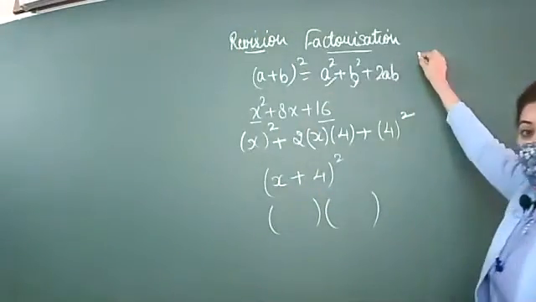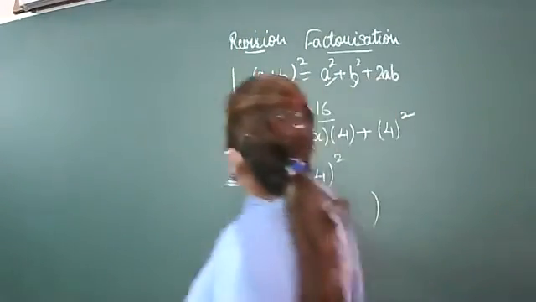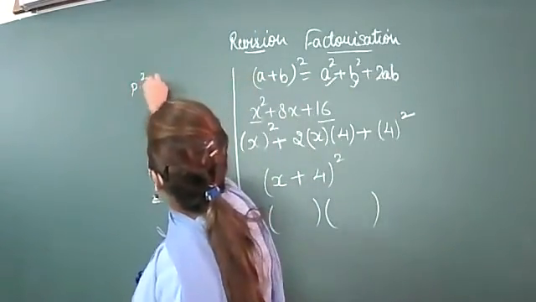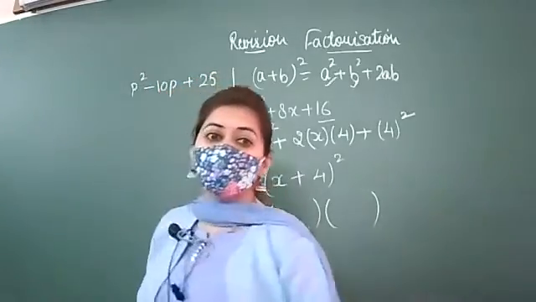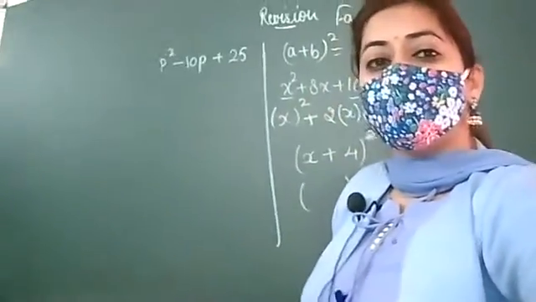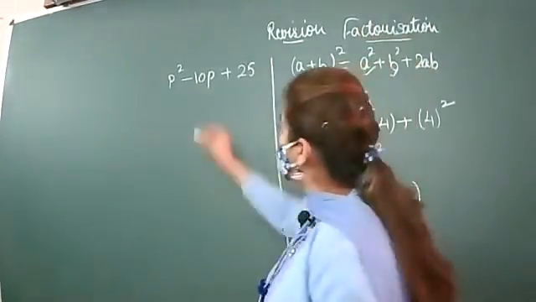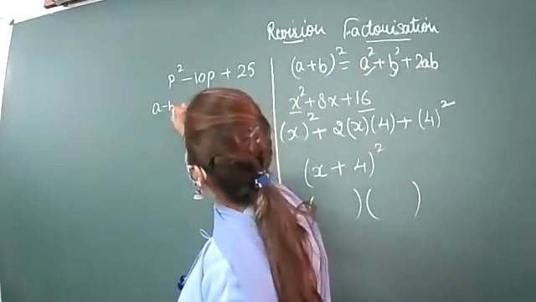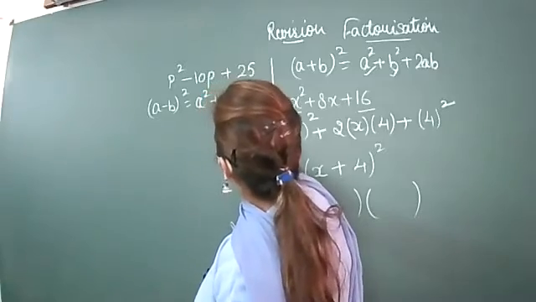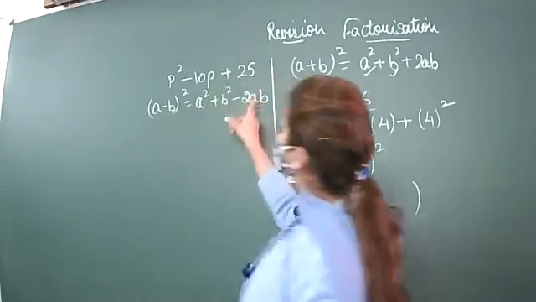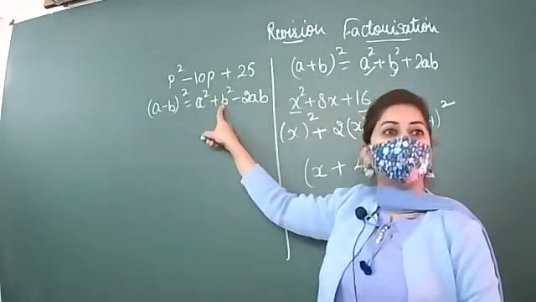Instead of plus, if the question is like this, you are given p square minus 10p plus 25. So you will use the identity with minus. That is (a - b) whole square is a square plus b square minus 2ab. This minus 2ab you can write in the middle also.